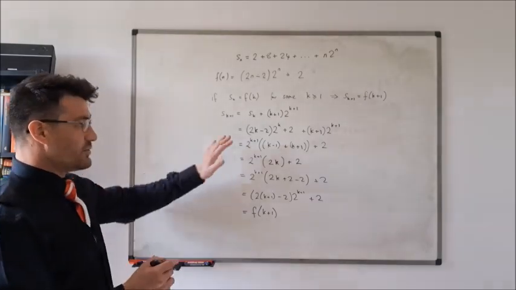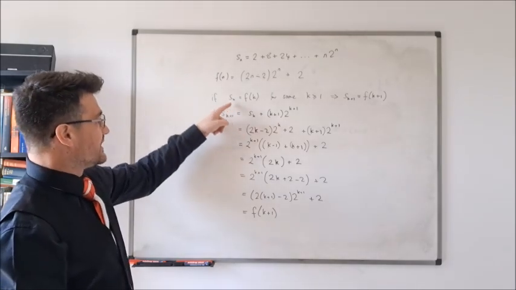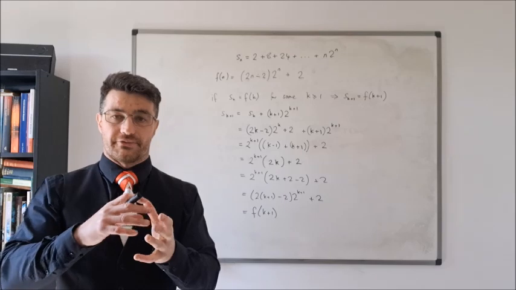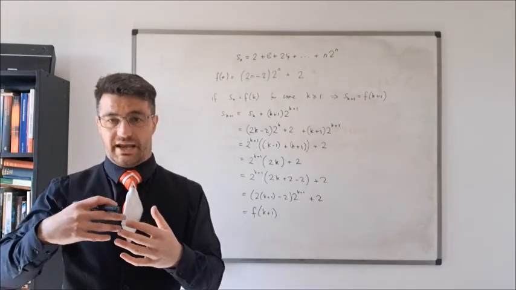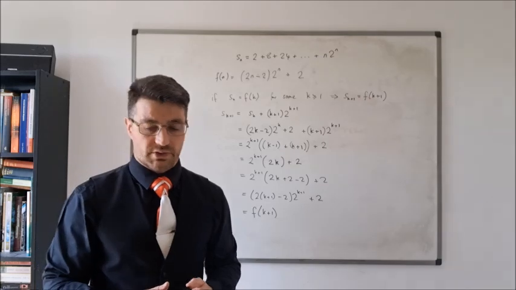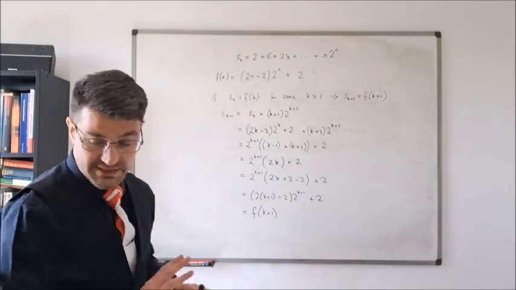So what that would allow us to say then, effectively, is that Sn is equal to Fn for all n greater than or equal to 1, where n is an integer. Okay, so that's the third part of this problem done. Nice and easy so far.